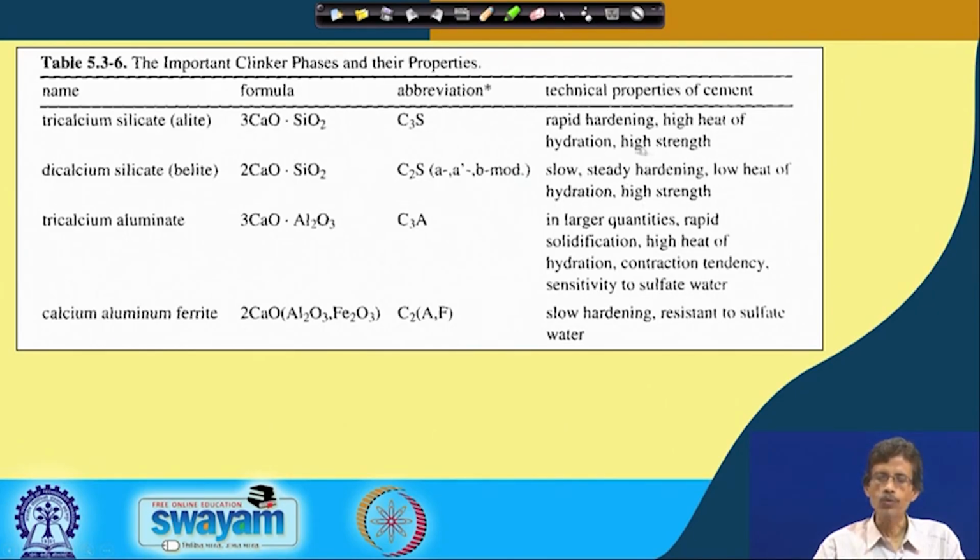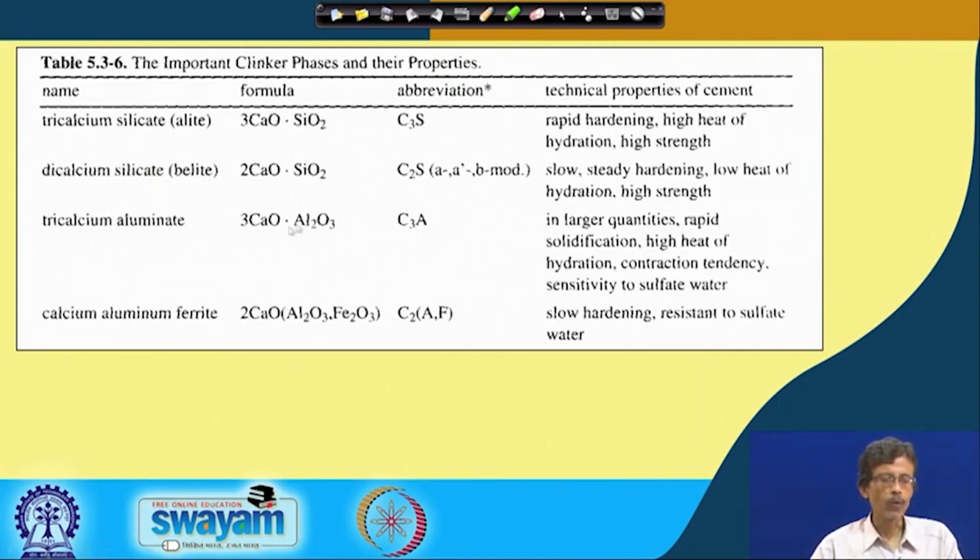So these two both will have high strength. The only thing is that it takes more time because of the slow hardening. The hydration will be a very important part of your cement inorganic chemistry.